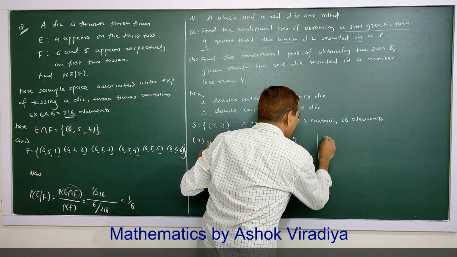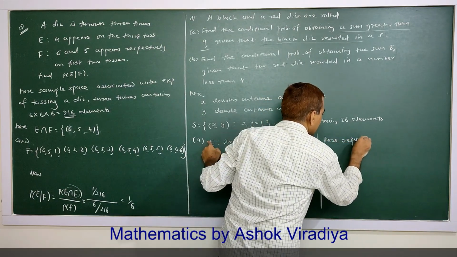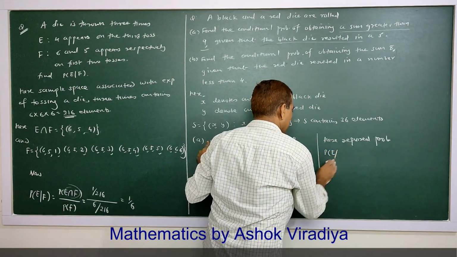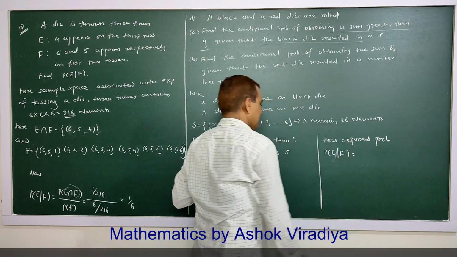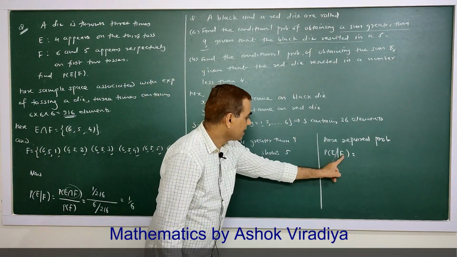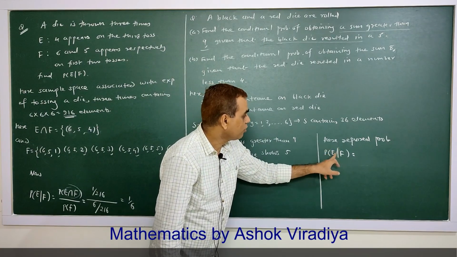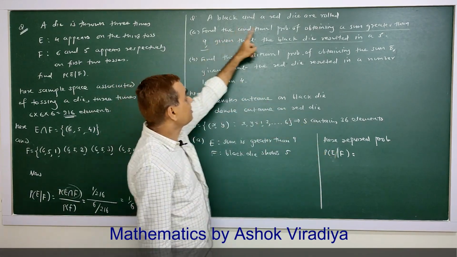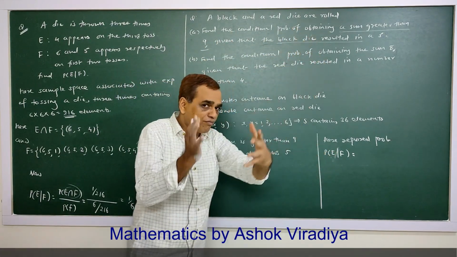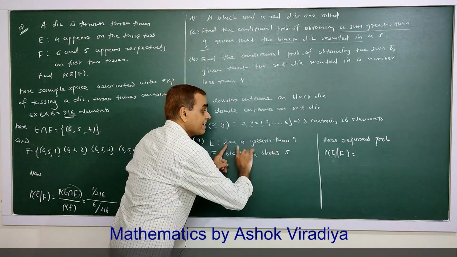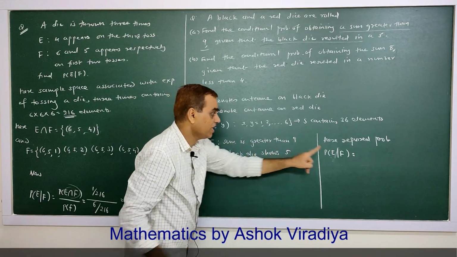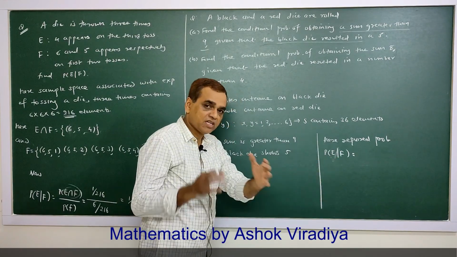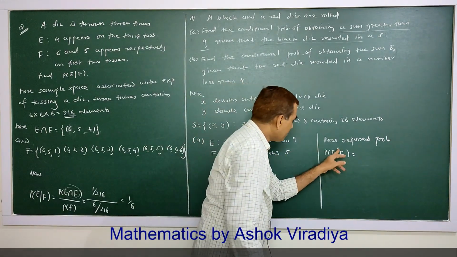So the required probability is P of E by F. We put E on the left of this vertical line, and the given event, that which has occurred, on the right side of this vertical line.